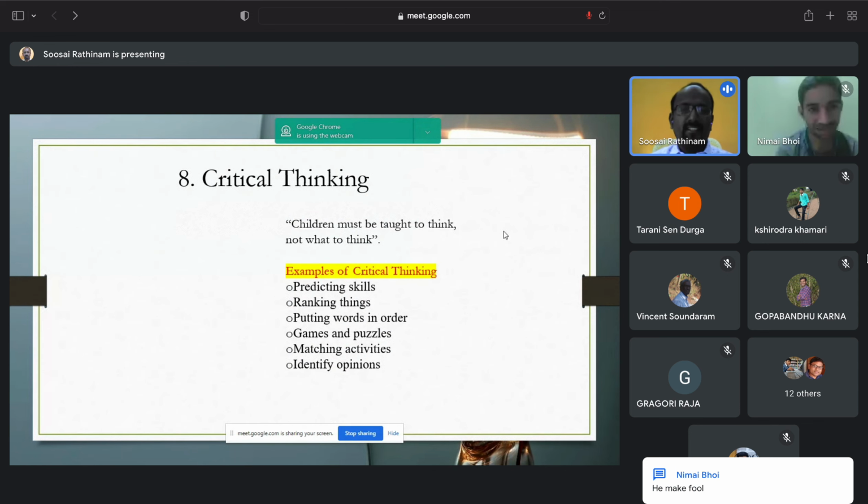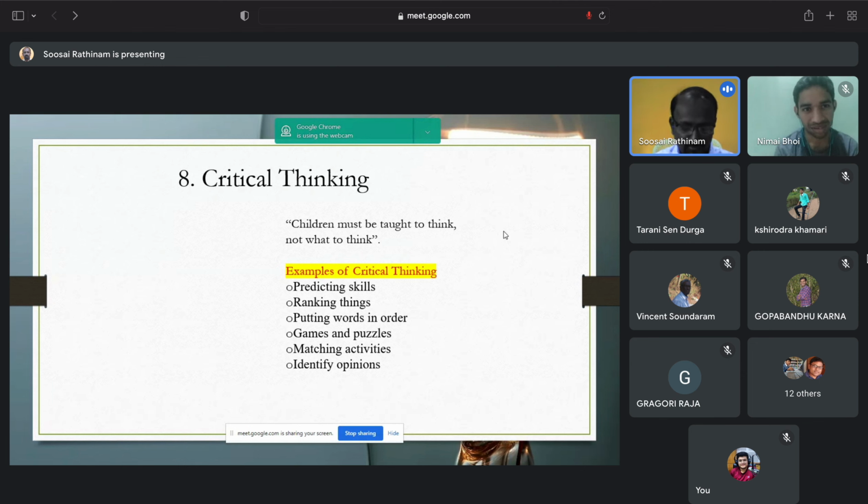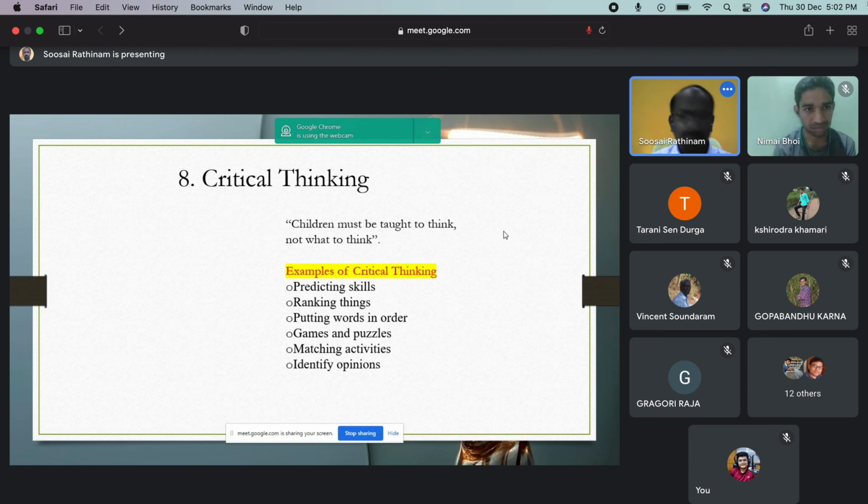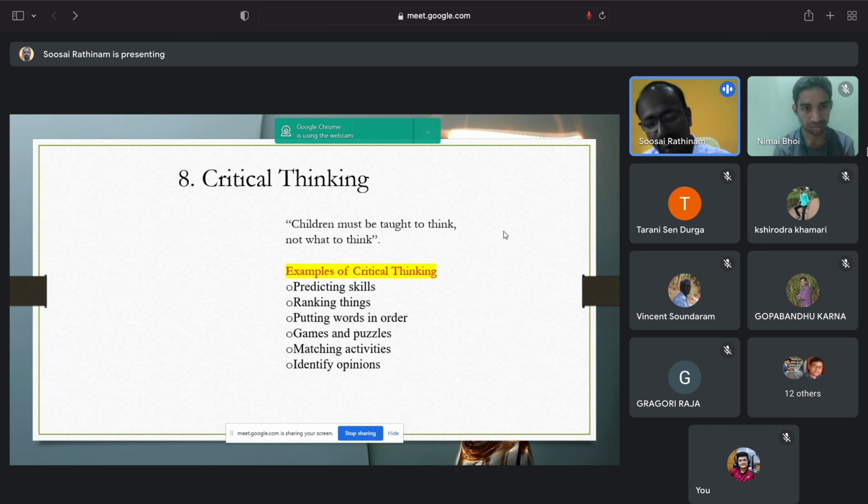What is critical thinking? This comes under one of the 4 C's, and it is always believed that children must be taught how to think, not what to think. And I remember when I was attending one of the webinars last year, one of the speakers was telling us about Rabi, one of the Nobel laureates from Israel, who won the Nobel Prize in 1975, it seems.